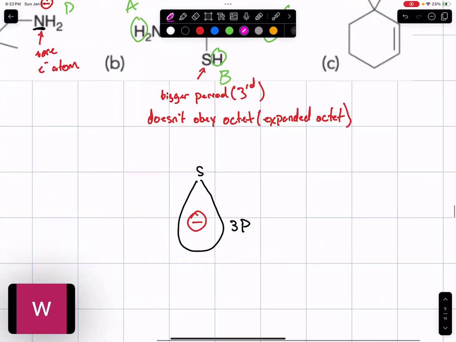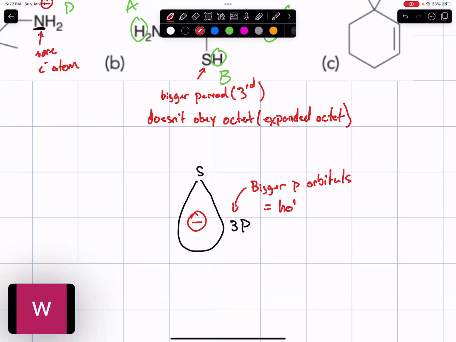Since it has a bigger p orbital, this bigger p orbital means that it can hold more electrons. Essentially, it stabilizes the negative charge a little bit better.